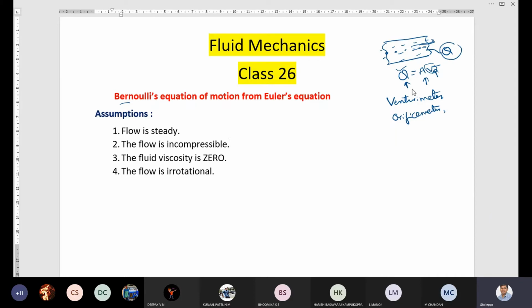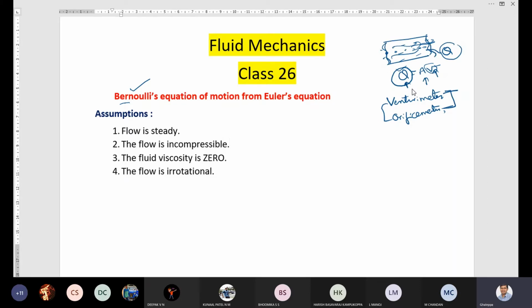These are devices used for measuring or determining discharge, that is, the flow of water through the pipe. The venturimeter, orifice meter, and nozzle all work on the principle of Bernoulli's equation. Take a venturimeter: the inlet is one section, the outlet is another section.